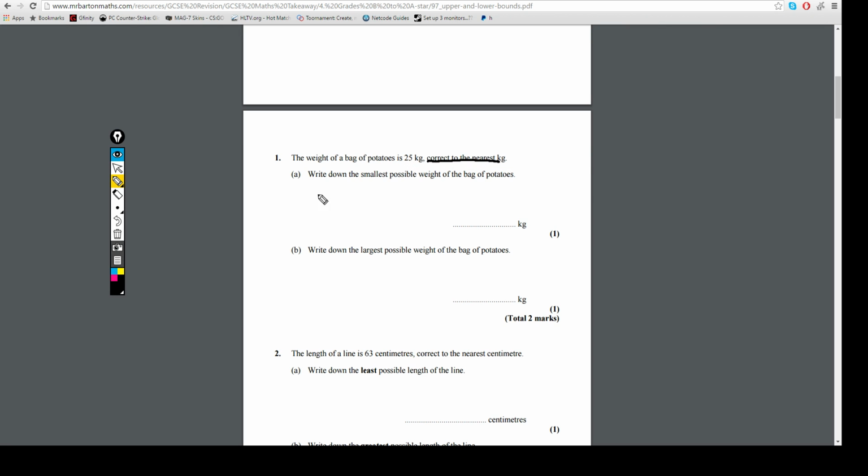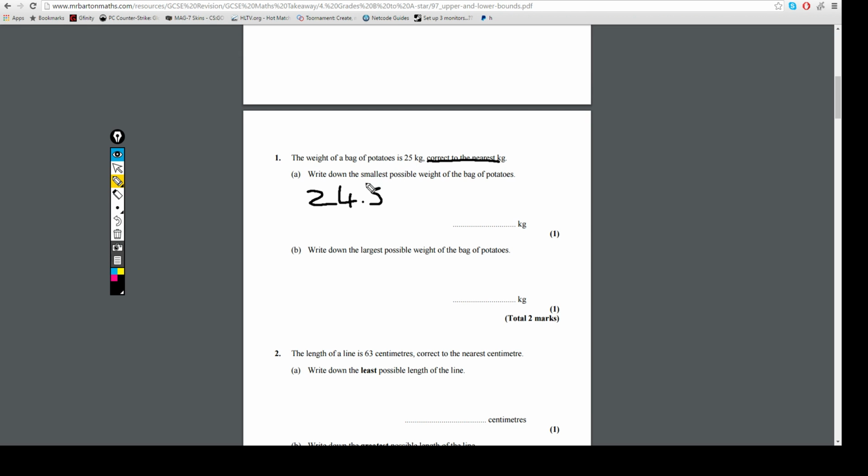So you're going to have to find something which rounds up to that, but the lowest. It's really hard to explain, but that's going to be 24.5. Because it's asking for the smallest possible value, it's got to be less than 25.